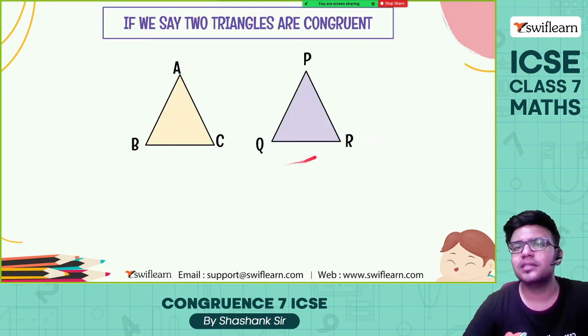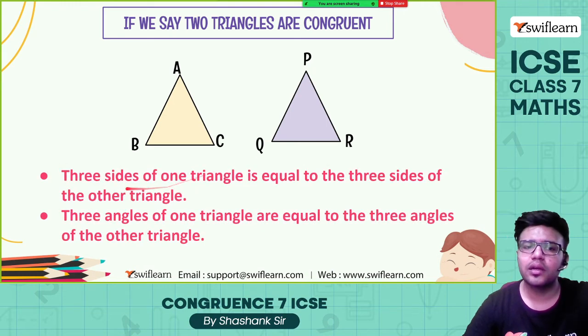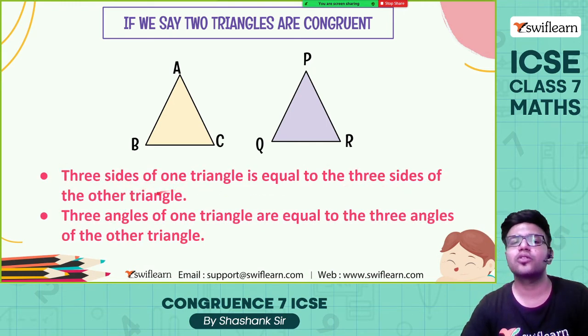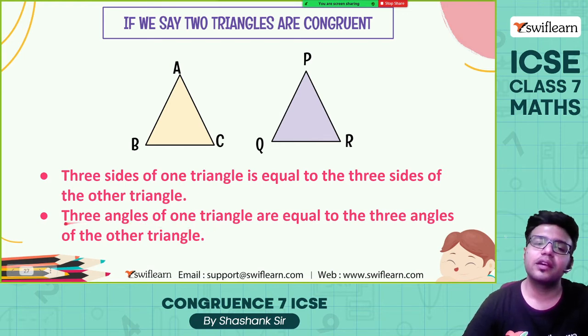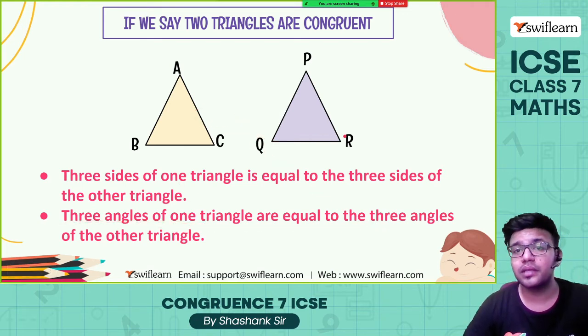Two triangles are said to be congruent if three sides of one triangle are equal to the respective three sides of the another triangle. Three angles of one triangle equal to the three angles of the another triangle. Okay, ये दोनों मिला के सिर्फ एक नहीं, if only three angles they may be similar.